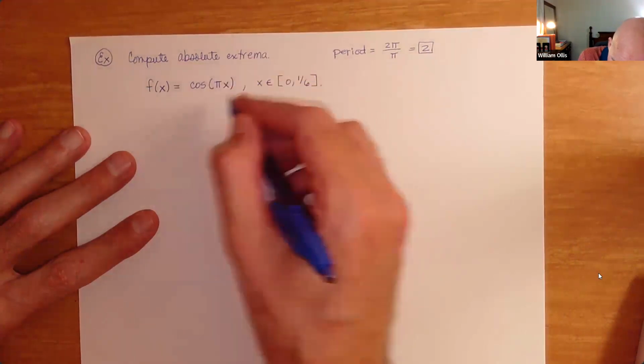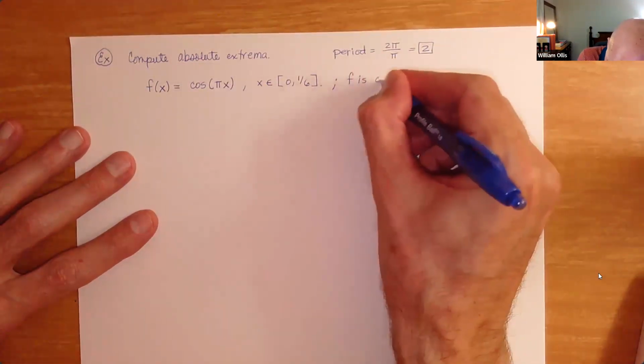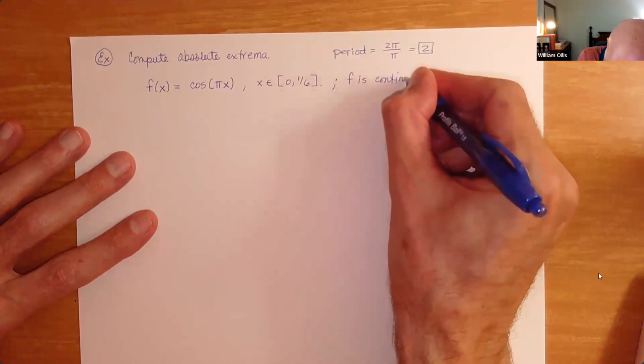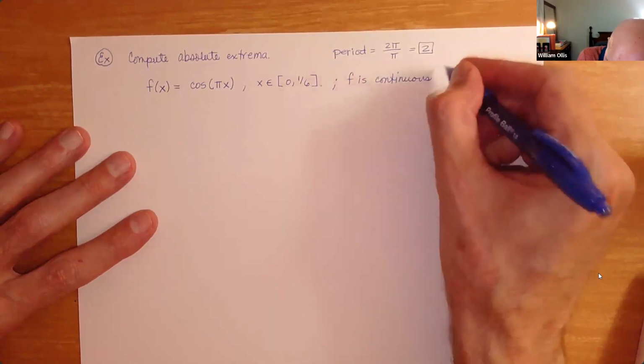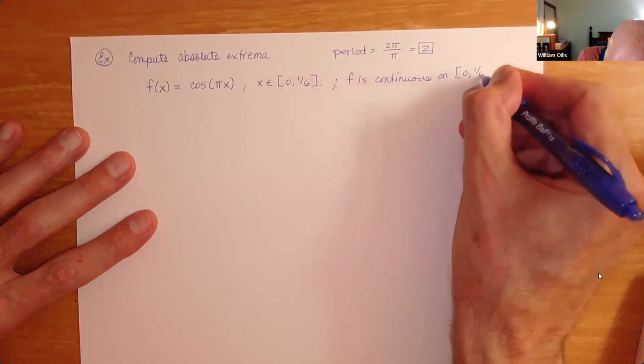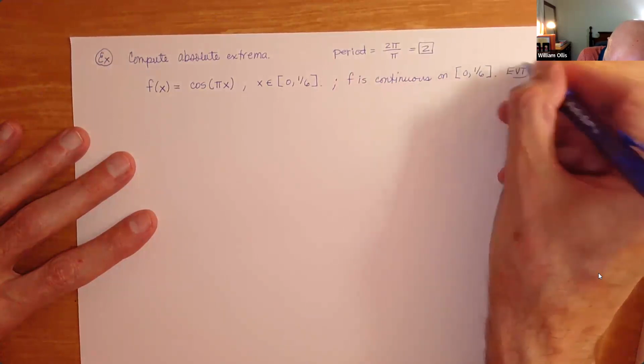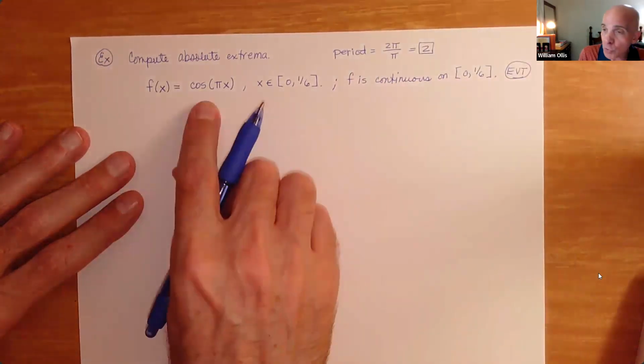We've got a continuous function. Notice f is continuous on the given set. I mean, it's continuous for all real numbers, but certainly there. So this is the EVT. And it's also differentiable.